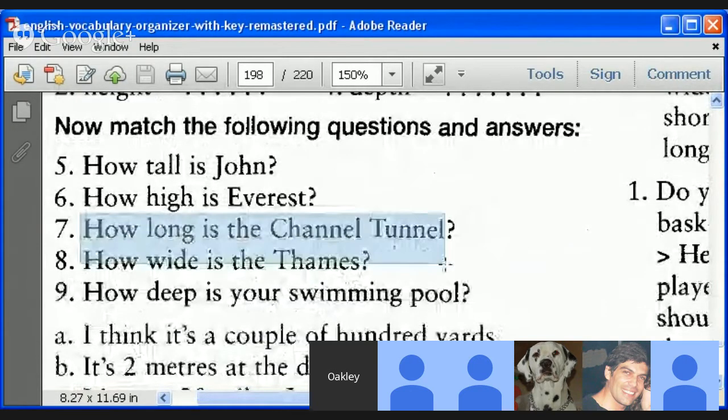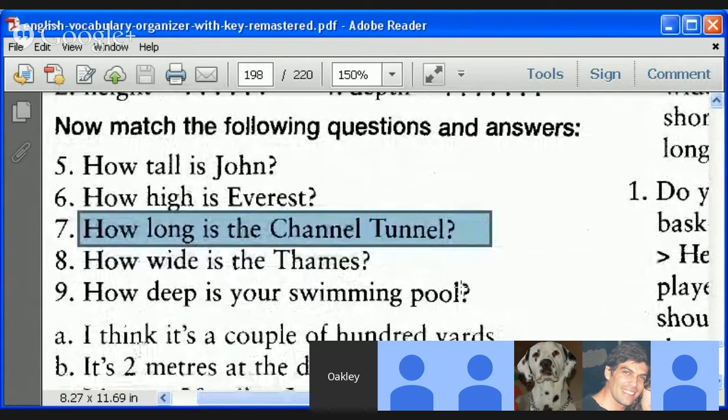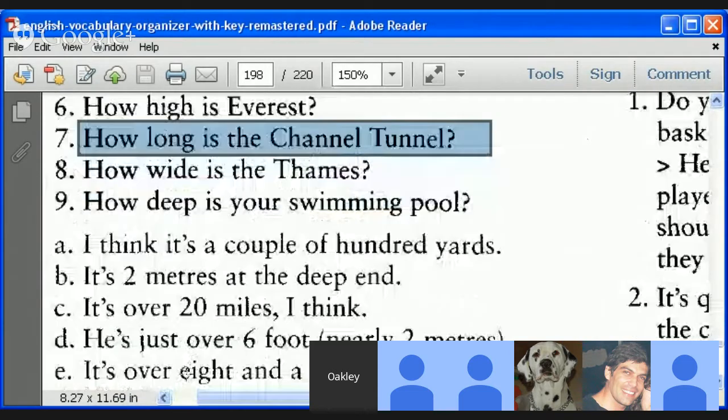Leo, how long is the Channel Tunnel? Leo, are you there? Leo, how long is the Channel Tunnel, do you think?